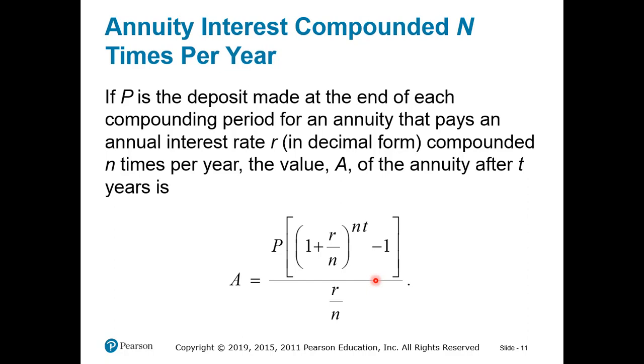So now, here is the general formula. So look, this includes all compounding. Okay? So again, n, now be careful. n in this case is the number of payments per year.